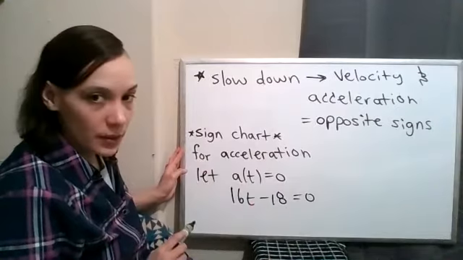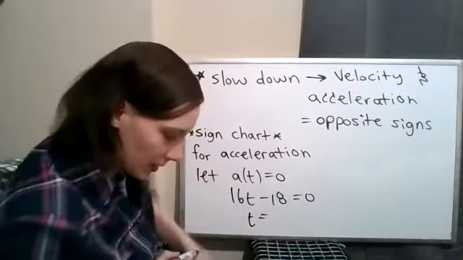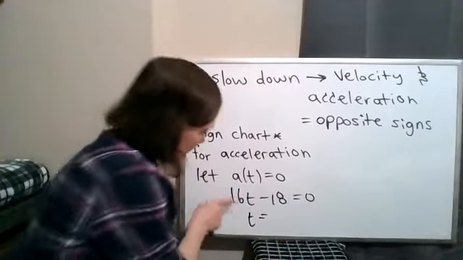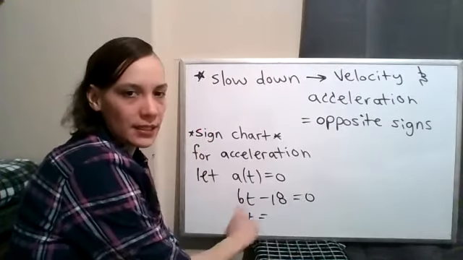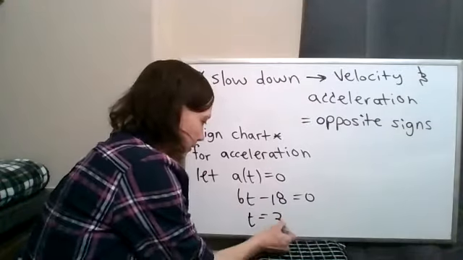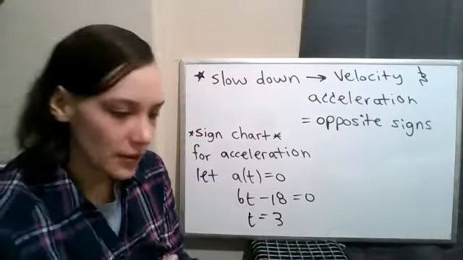And I got t equal to 3. Oh, 6t. So add 18, divide by 6, you get 3. Okay, so we have values of t.